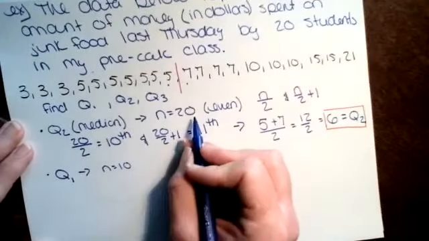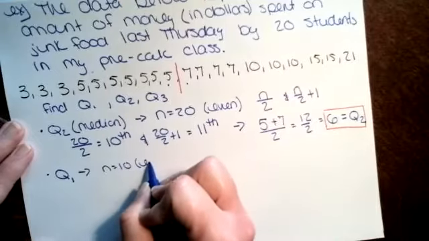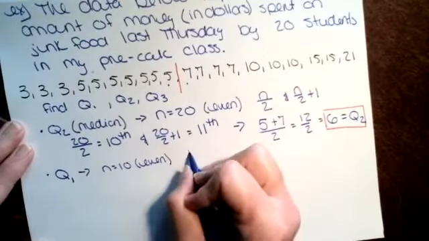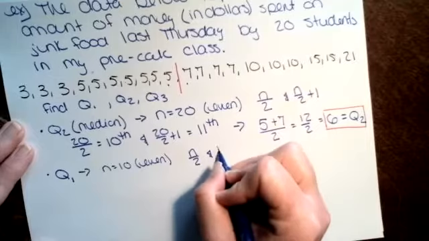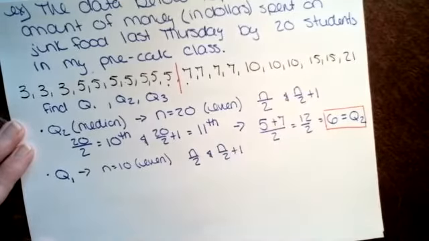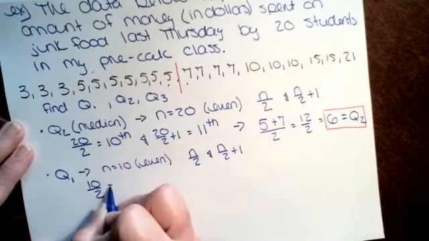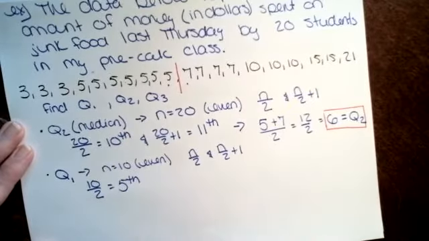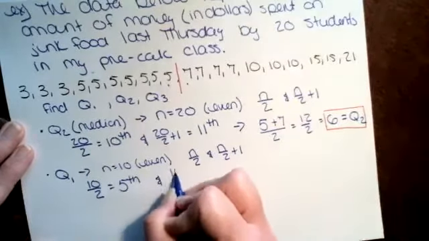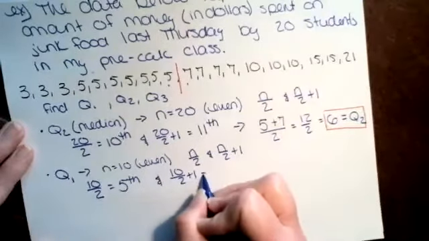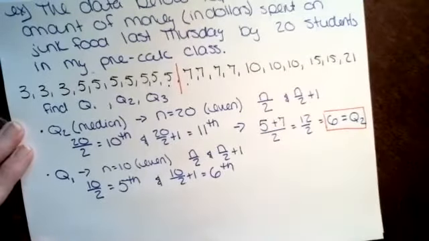So here I'm going to do the same thing I did above because 10 is even. I'm going to take n divided by 2 and n divided by 2 plus 1. So this gives me 10 divided by 2, which is the 5th position, and 10 divided by 2 plus 1, which is the 6th position.